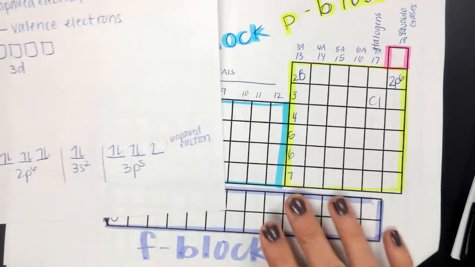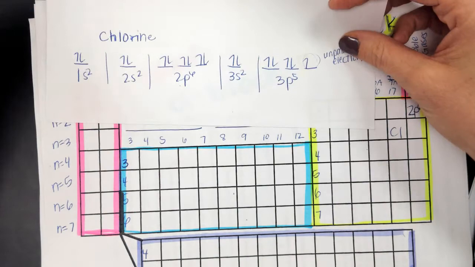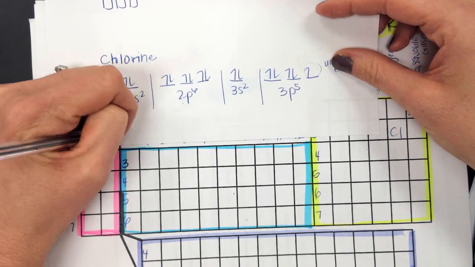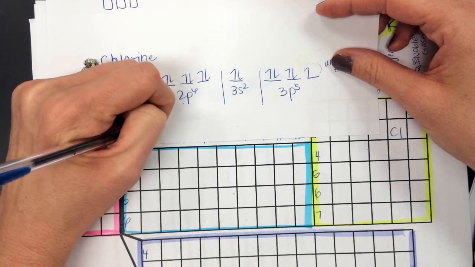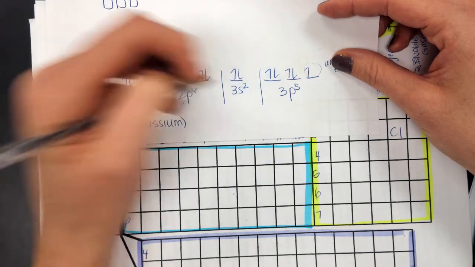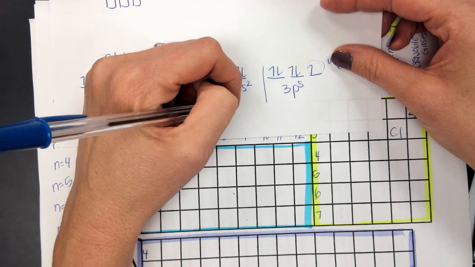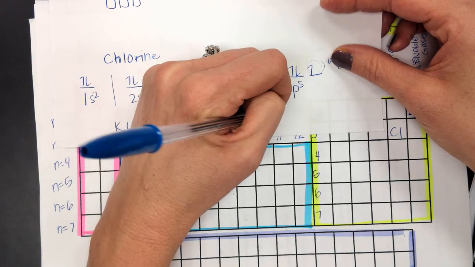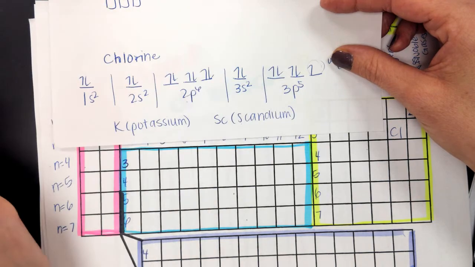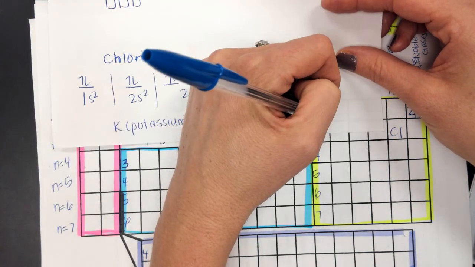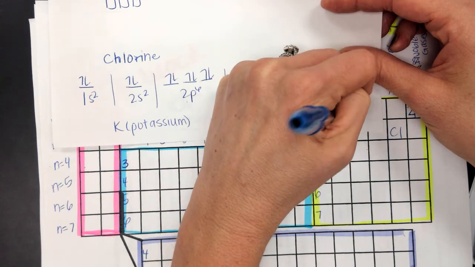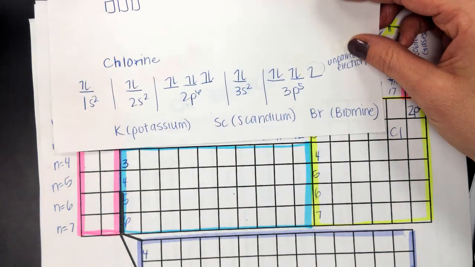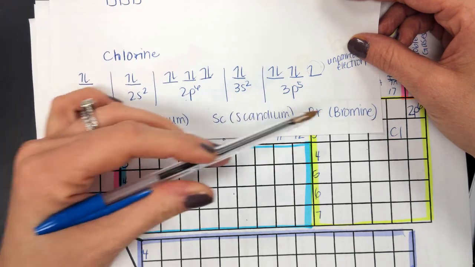So why don't you try potassium, scandium, and bromine. Okay, you try these, potassium, scandium, and bromine.